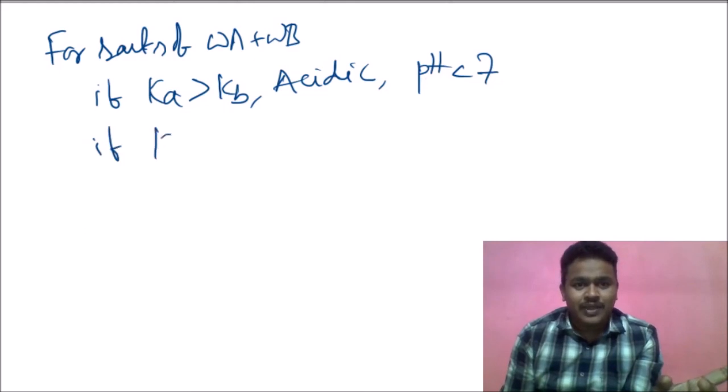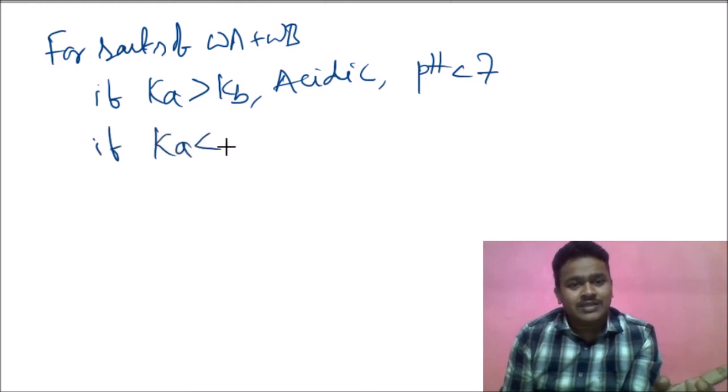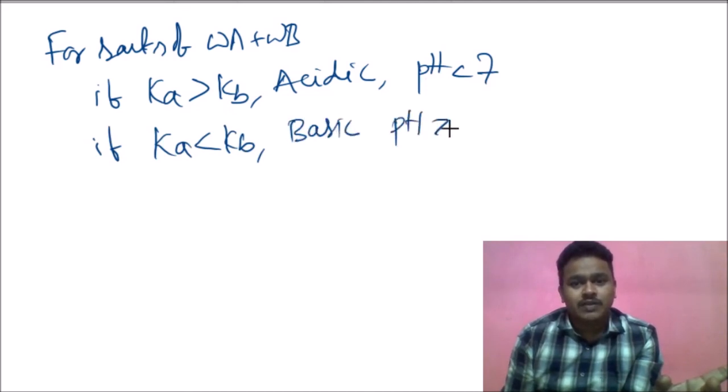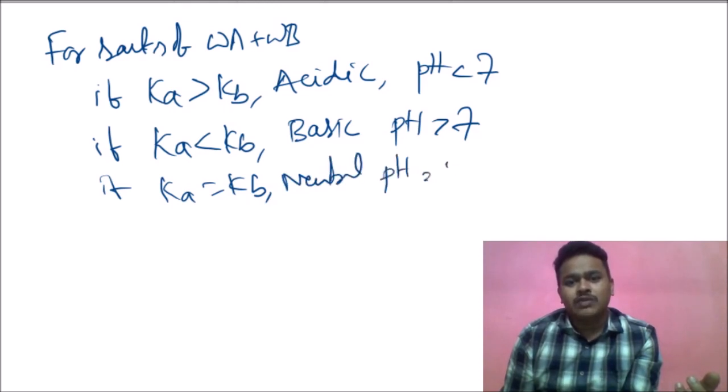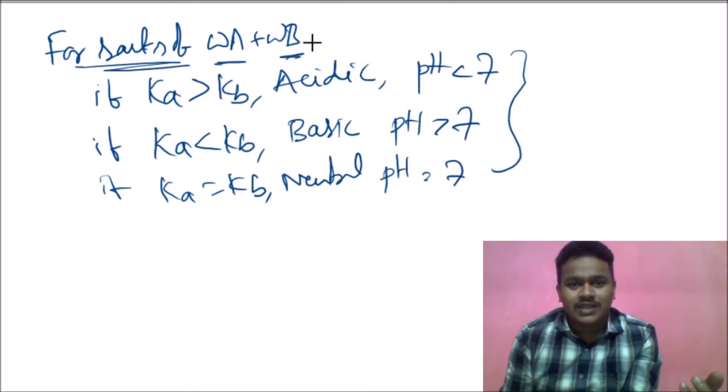If Ka of the acid is less than Kb, the resultant solution will be basic, so the pH will be greater than 7. If both Ka and Kb are equal, that is neutral, and the pH will be equal to 7. These three cases are only for the salts of weak acid and weak base.